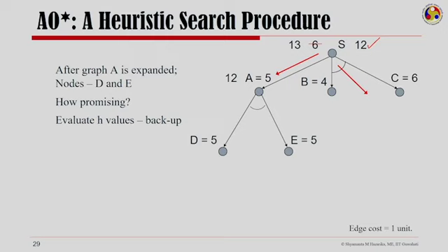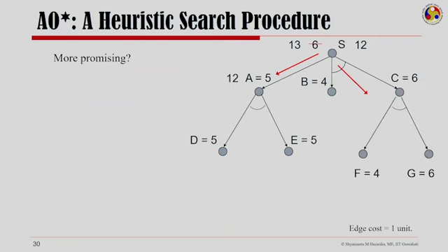So, let us say we then expand node C and get 2 nodes F and G. The node F has a value of 4 and G has a value of 6. Once again, we will revise the estimate of 6 vis-a-vis the new values that I have for F and G. So, that would be 4 plus 6, 10 plus 2 because of the connector here, that would make it 12.